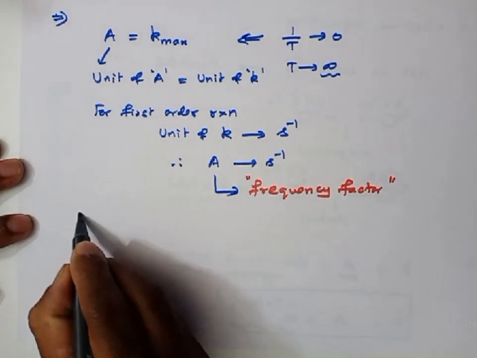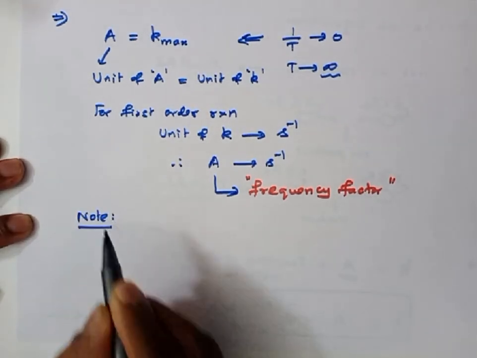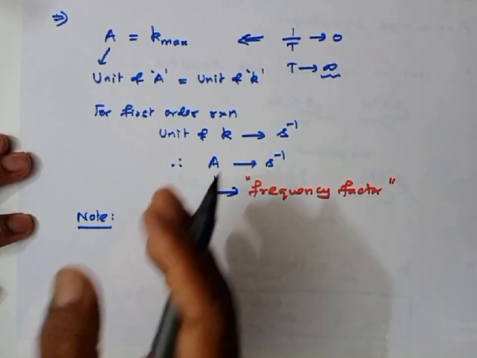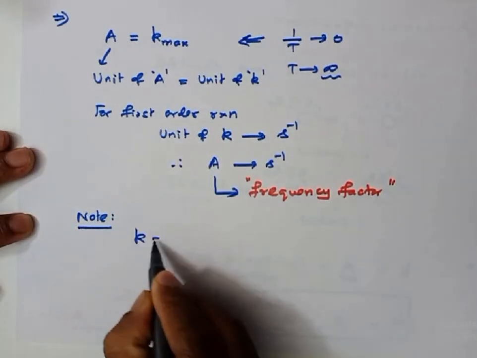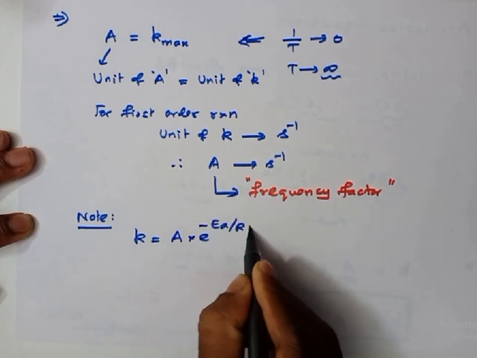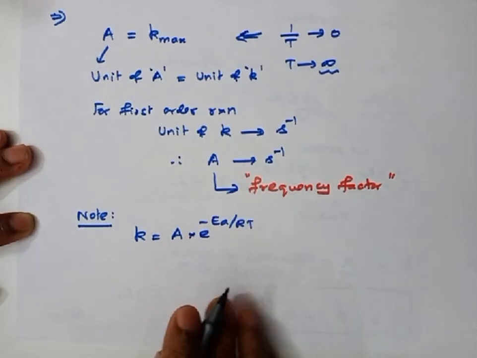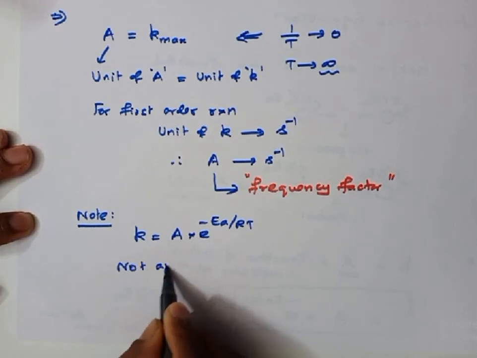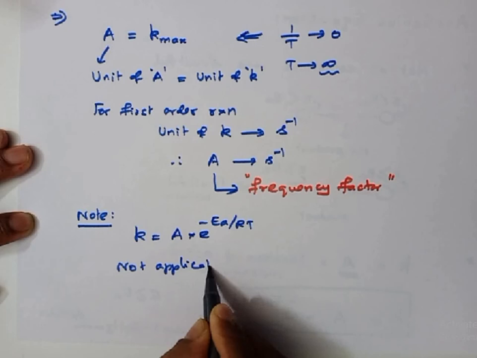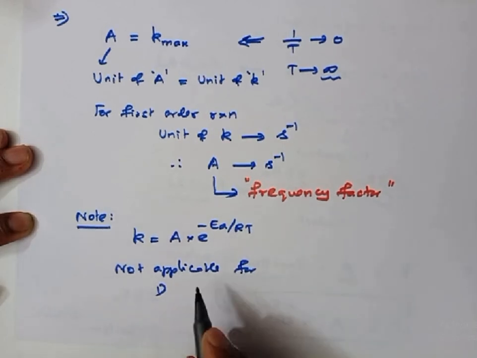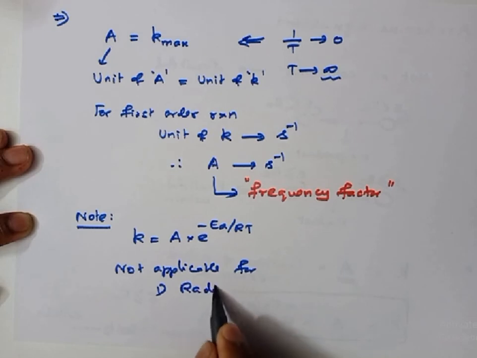Then note this: the Arrhenius equation, that is K is equal to A into e power minus EA by RT, is not applicable, number one, for radioactive disintegration reactions.